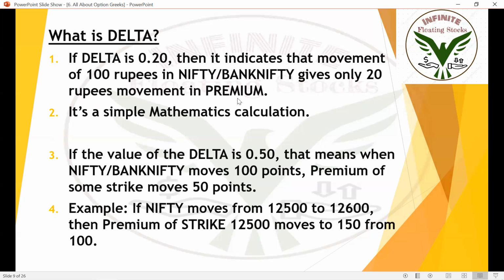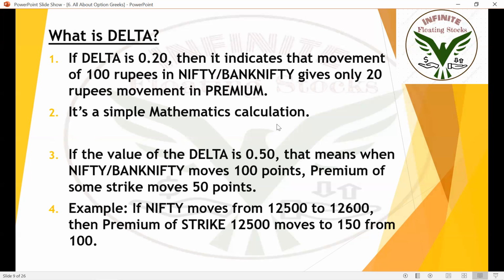It will move to 120 only if Nifty or Bank Nifty makes a 100 rupee movement when delta is 0.20. So it's a simple mathematical calculation.